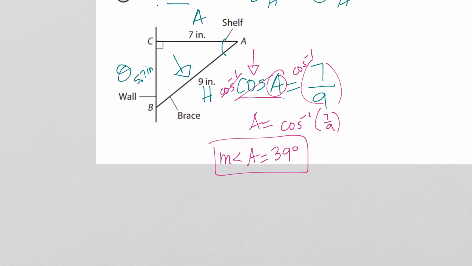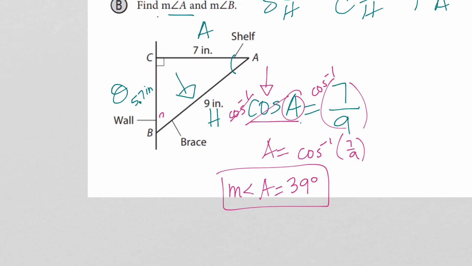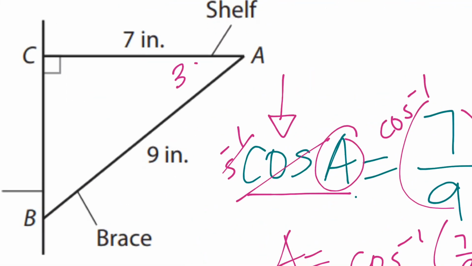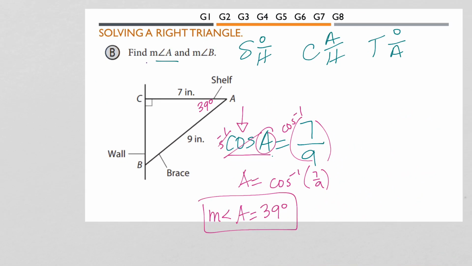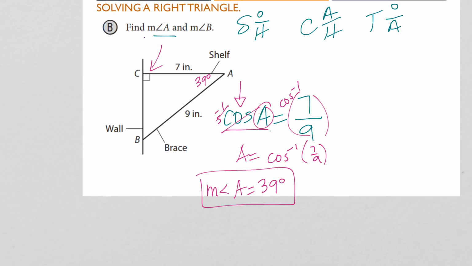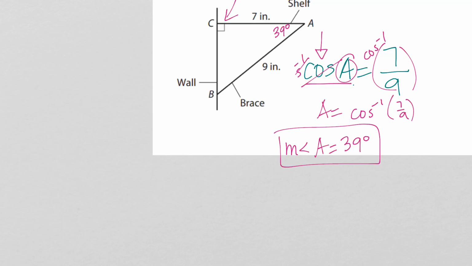So this is angle A, not angle B. Angle A is approximately 39 degrees, because it said to round to the nearest whole angle, and angle C is 90. How do I find angle B without using trig? Well, that's easy. We know that the sum of the interior angles of a triangle add up to 180. If I add up angle C and angle A, I'll get 129.